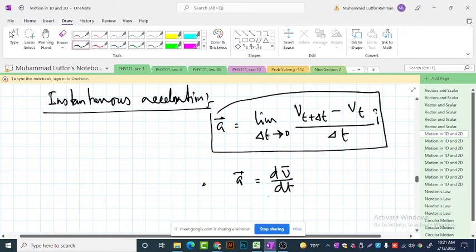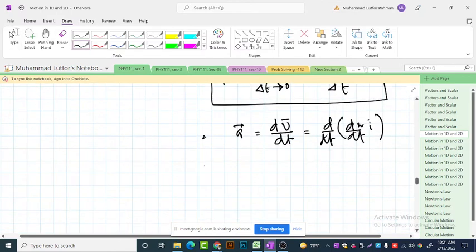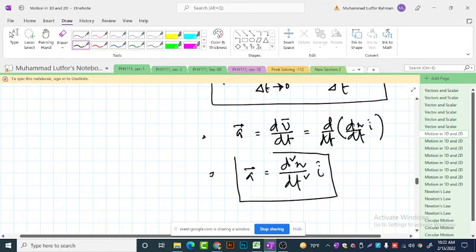Or we can write v as dx over dt times i hat, and then a would be d square x divided by dt square, i hat. So this is the instantaneous acceleration of a particle at any time.